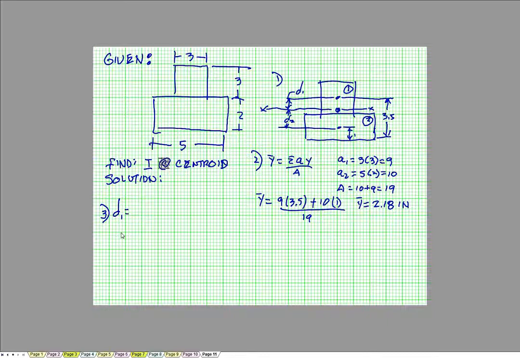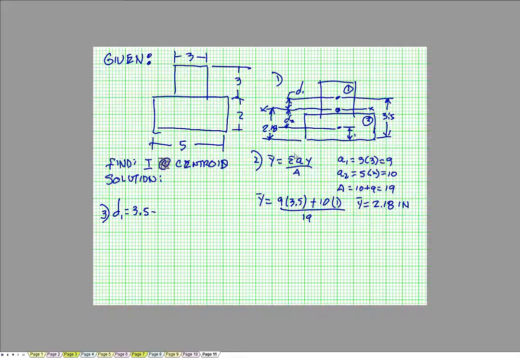Distance 1 equals, going from the base and then back down to the centroid, 3.5 minus 2.18.